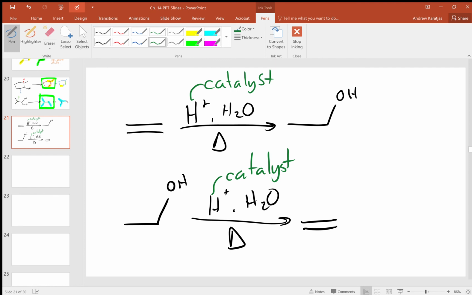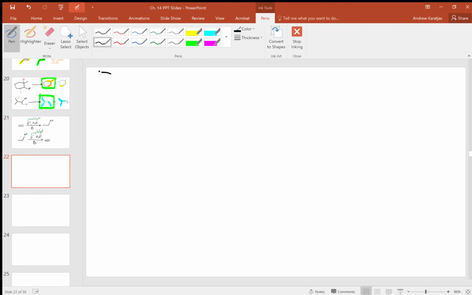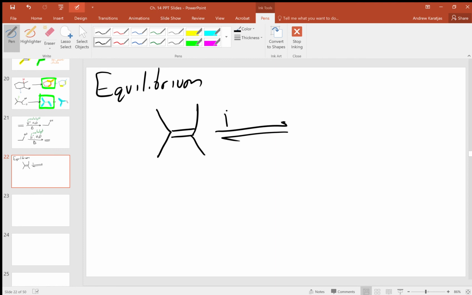So in foundations, we talked briefly about equilibrium. Equilibrium is the idea that reactions are reversible.